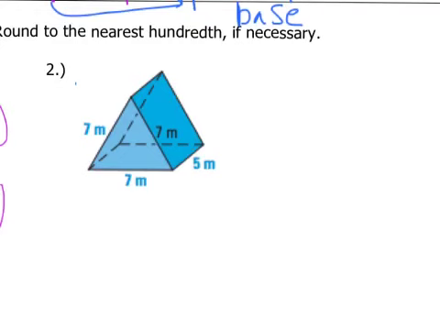So for this triangular prism, this becomes a lot more difficult when we're finding the area of the base. That's the part that gets pretty tricky here, especially because we don't know the height of the base. All right, so what I want you to do, start off the same way. Start off with your surface area formula.